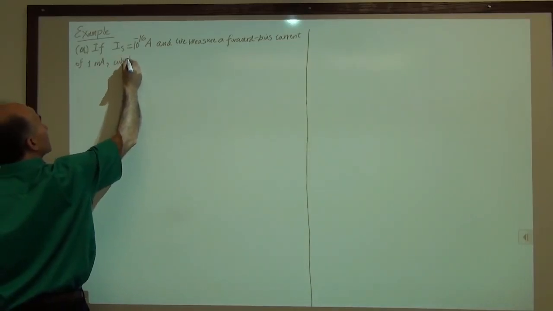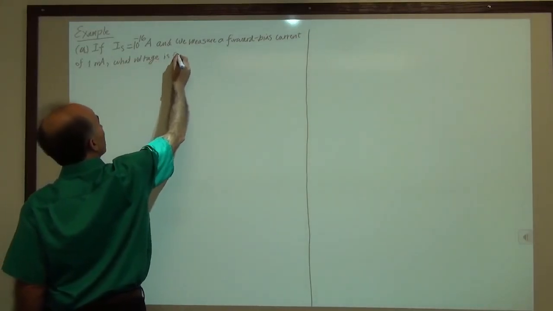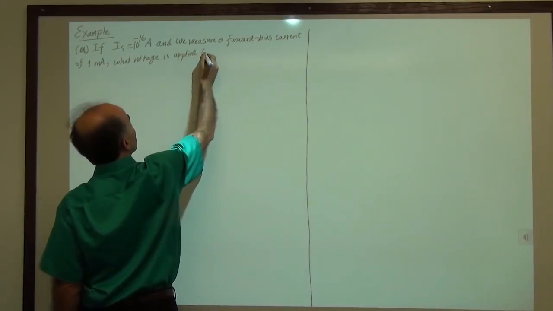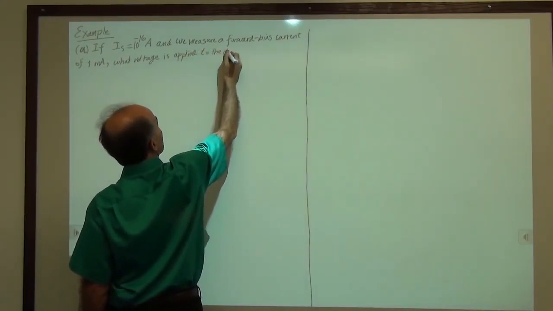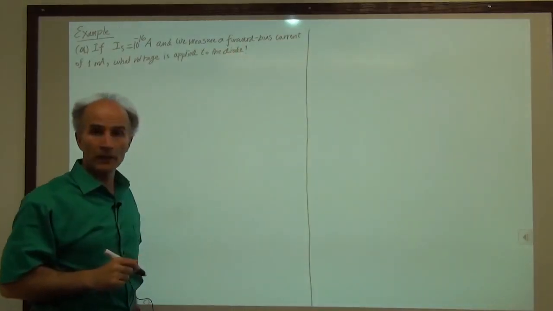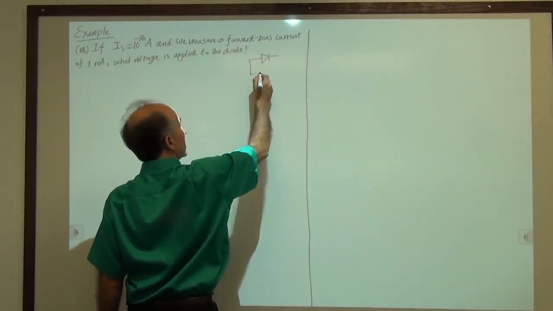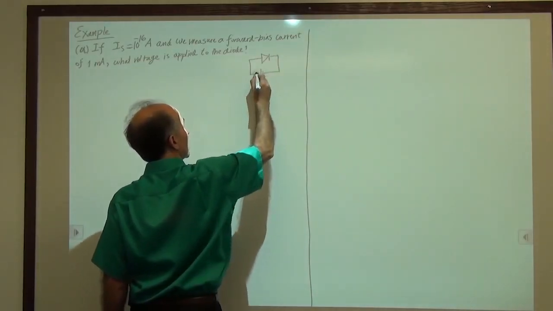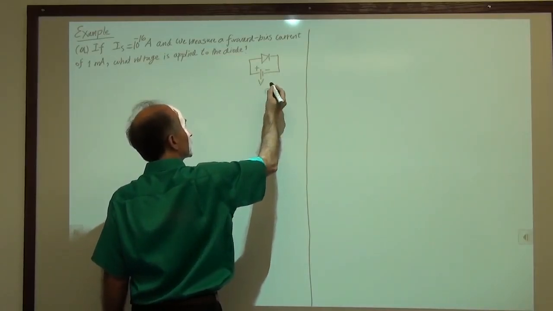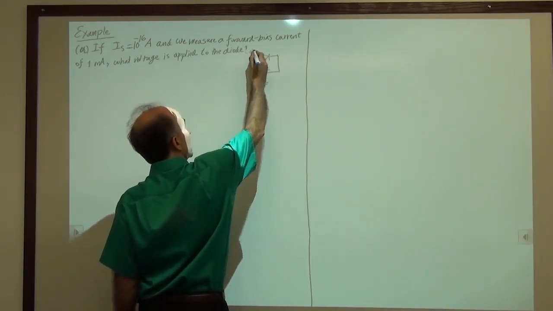What voltage is applied to the diode? Okay, so it's very simple. I bought a diode and I connected the battery to it in forward bias. So positive goes to the anode, negative goes to the cathode. There's a certain voltage which I don't know, so we'll just call it VF. And I measured the current, and the current is 1 milliamp.